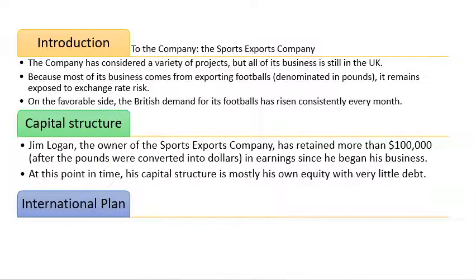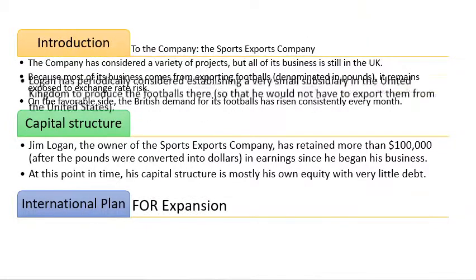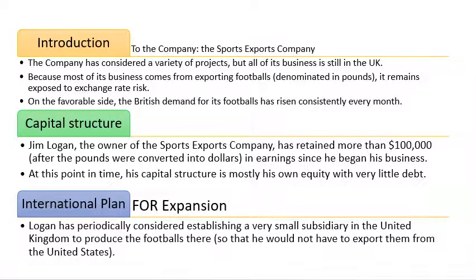The international plan of this company for expansion: Logan, the owner of the company, has periodically considered establishing a very small subsidiary in the United Kingdom to produce the footballs there so that he wouldn't have to export them from the United States.